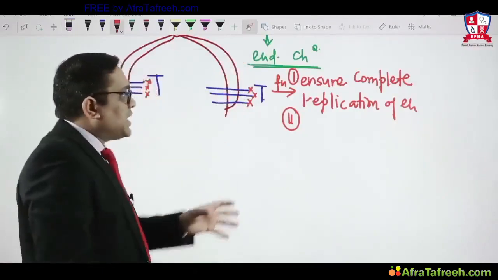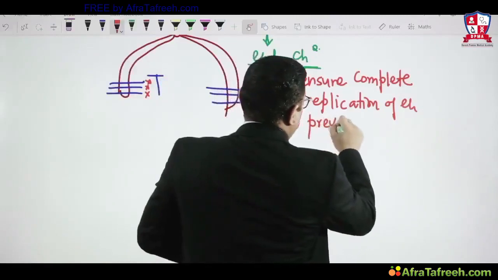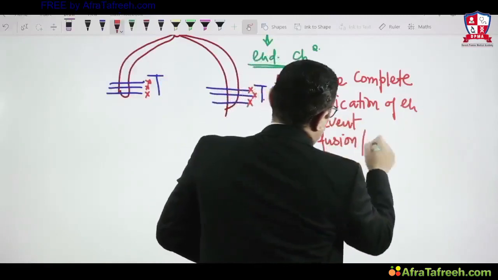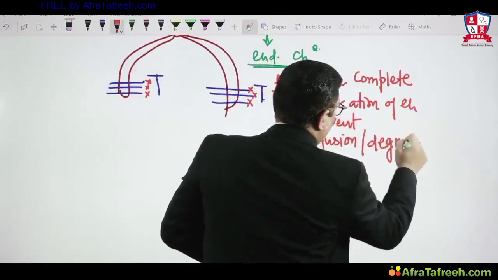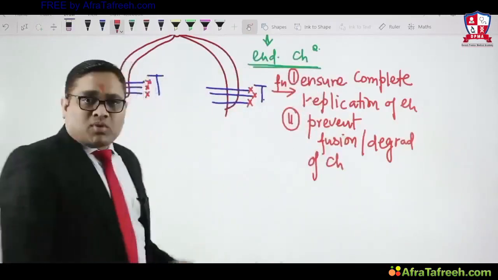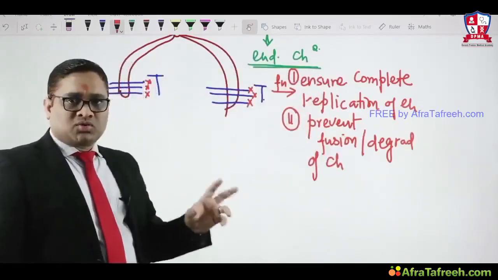So another important function of the telomere is to prevent fusion and degradation of the chromosome. These are the two important things.